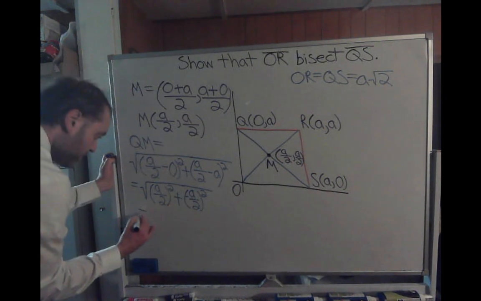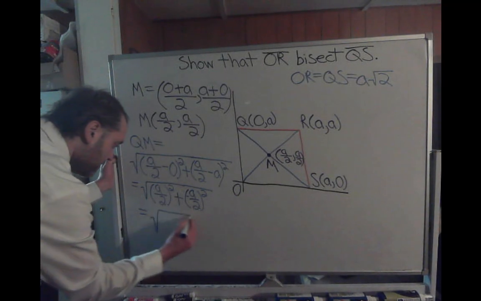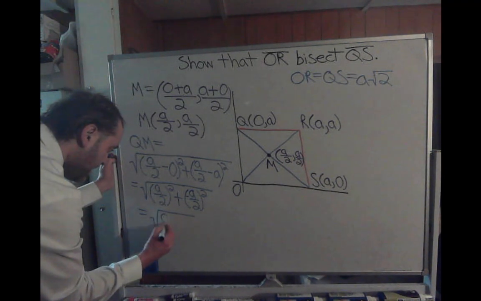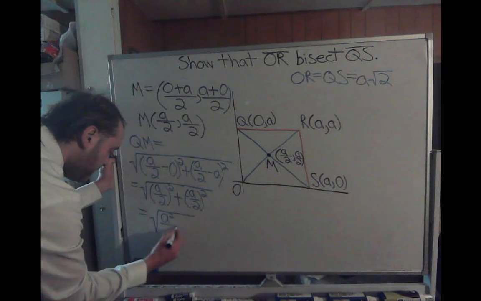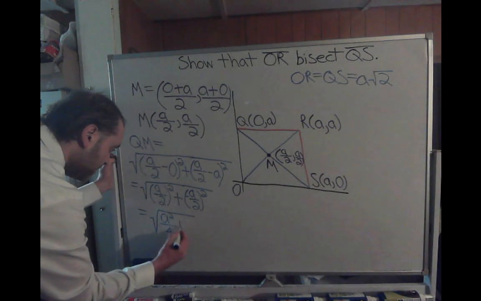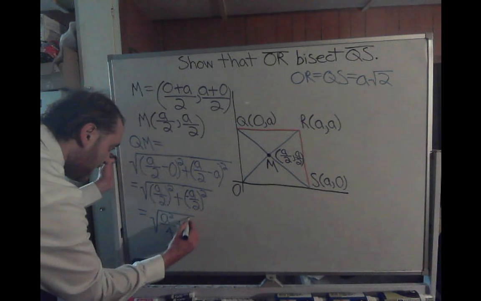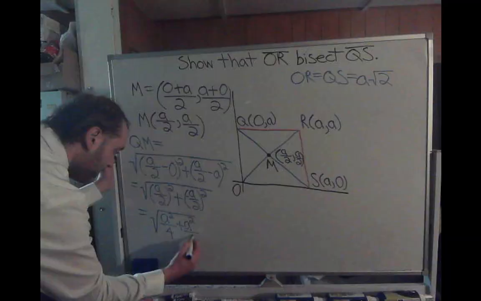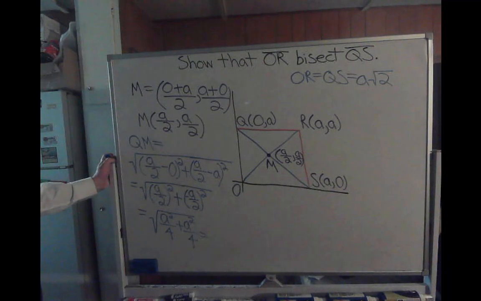Which would end up giving you the square root of a squared over 4 plus a squared over 4, which gives you what?